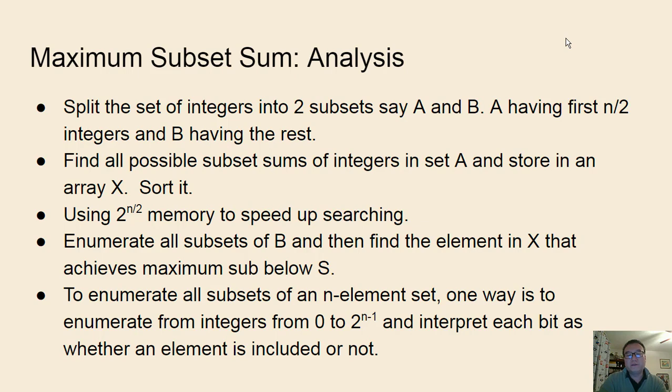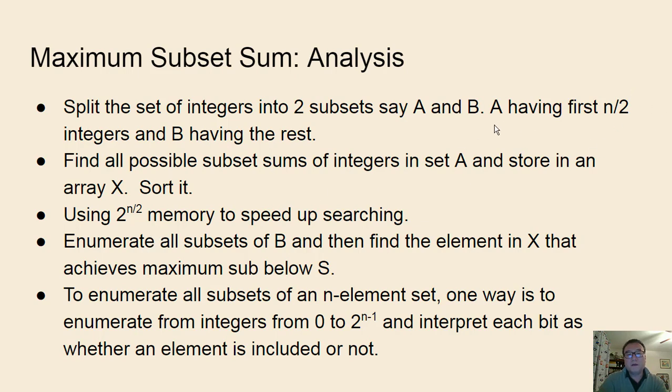So if the lowest bit is 1, that means the first element is included. If the least significant bit is 0, then the first element is not included. So looping over all the subsets can be done very easily by just looping through all the integers.